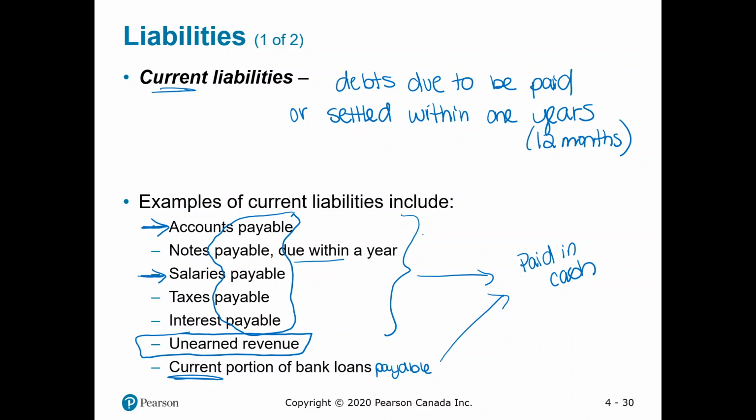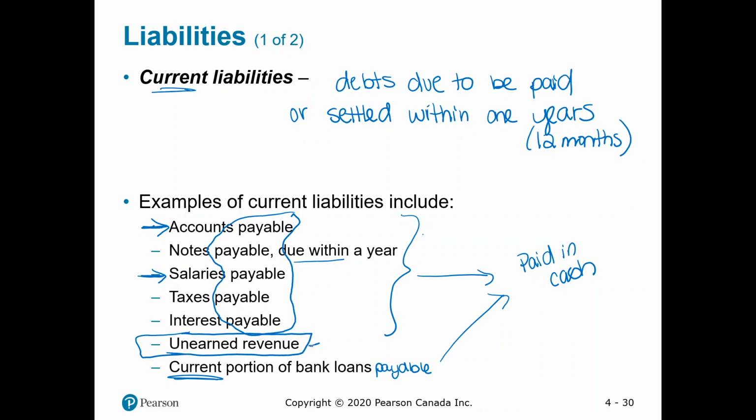This is when we are paid cash in advance from a customer, but we haven't done any of the work or the service to earn it yet. So we haven't provided the goods if we're selling those. We haven't done the service. So we haven't earned this yet.